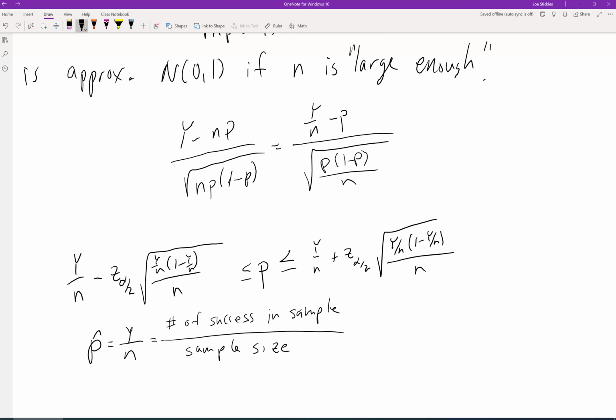It's both your maximum likelihood estimator and your method of moments estimator for p.